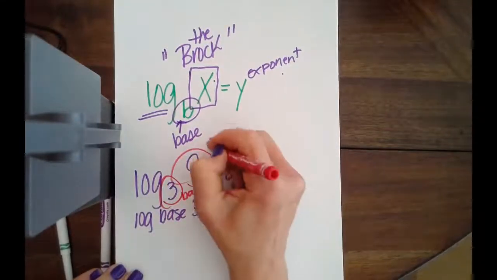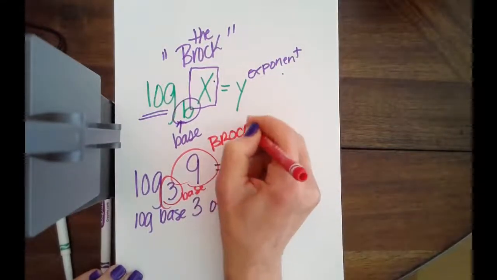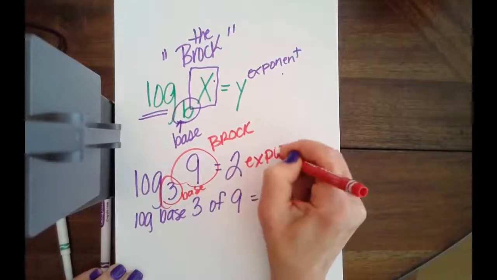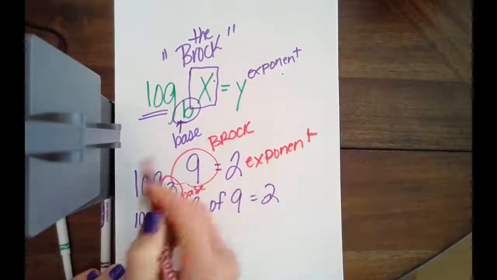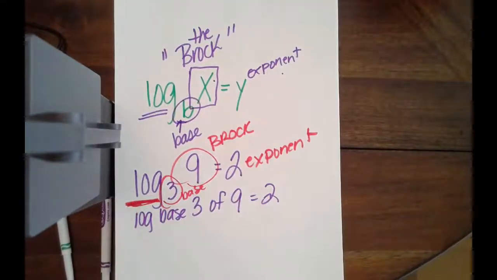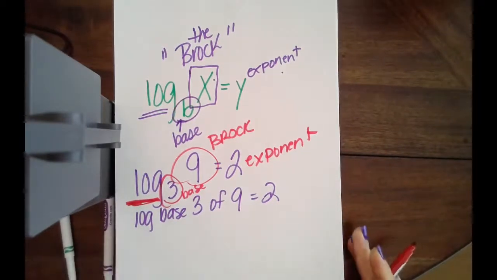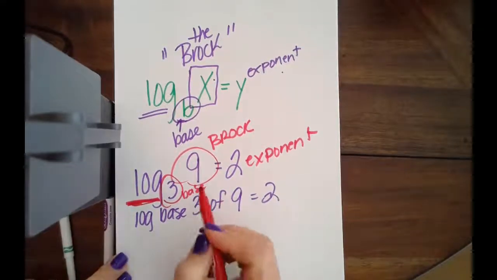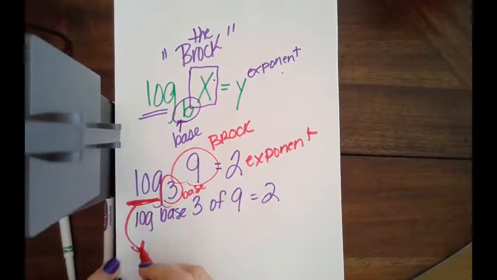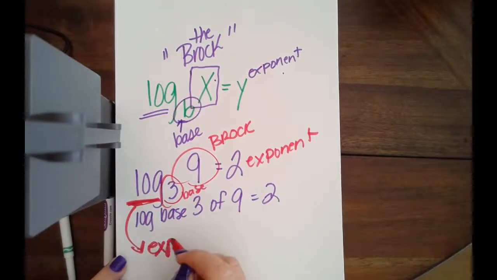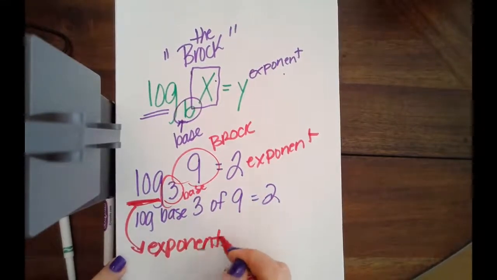This is the Brock. This is the exponent. This is in log form. Anytime you see the word log, that stands for logarithm, you are in logarithmic form, and we're going to move it to exponent form. To move to exponent form, not exponential function, exponent form. Let's just call it exponent form of the same statement.